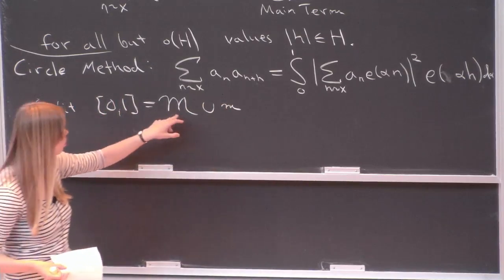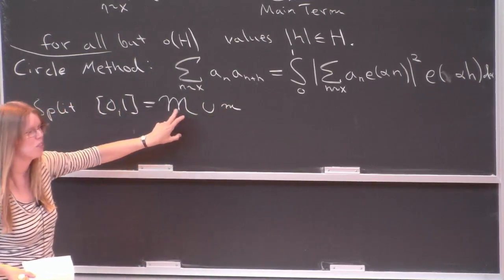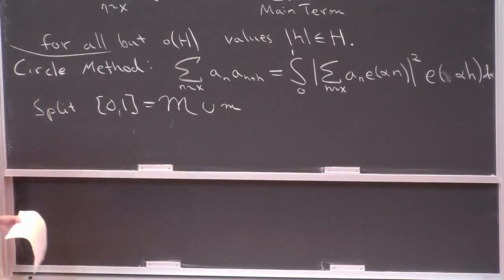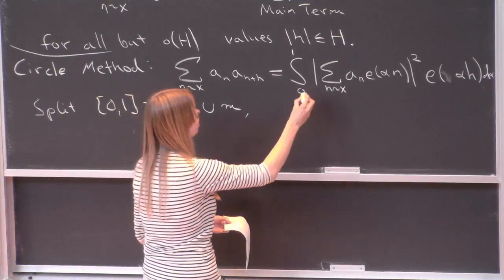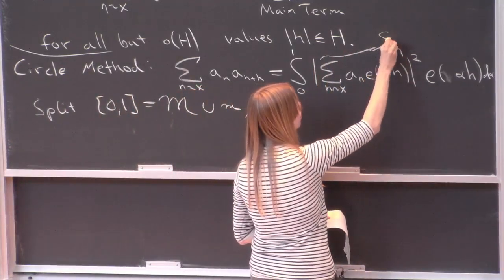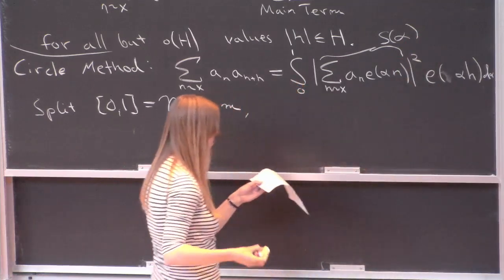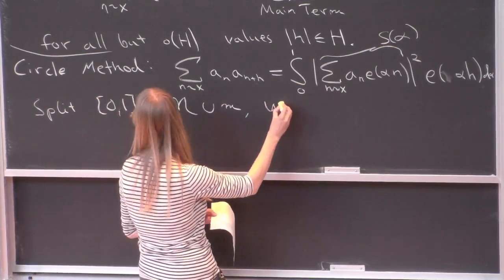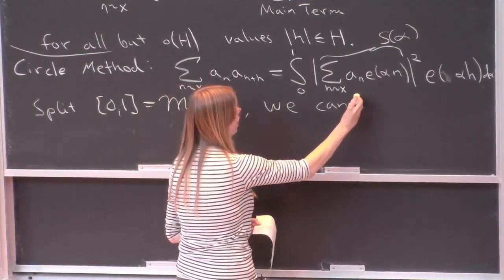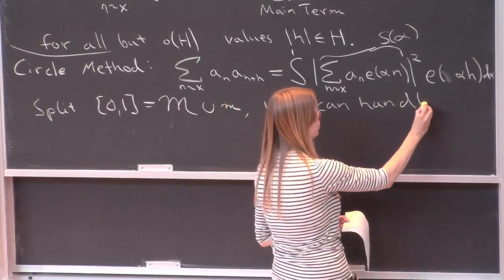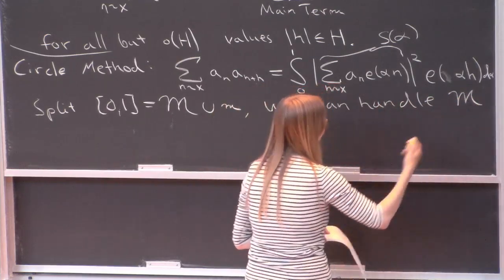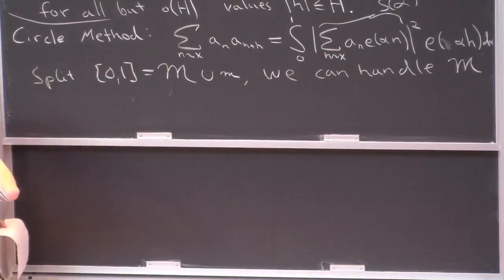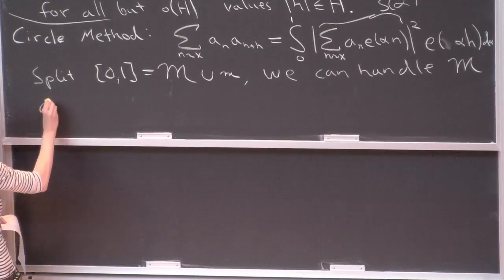I think my m's look similar, but I don't talk about major arcs, so from now on, it will always be little m when I'm talking about something else. If we write this as S(alpha), I just say that we can handle the major arcs, so this is the only capital M that will be here. We handle the major arcs, and they give the main term.